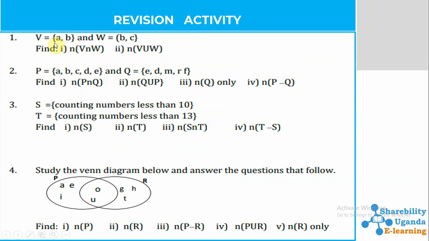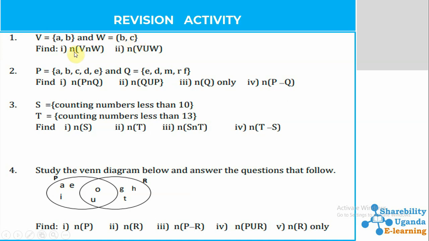So in these examples we have our question 1. They have given us various sets. They are saying we have a set called V equal to {A, B}, and another set W equal to {B, C}.